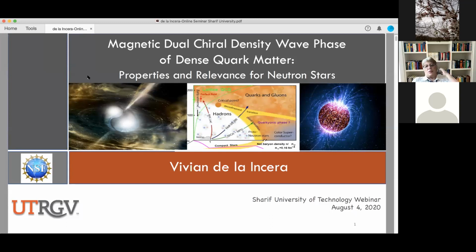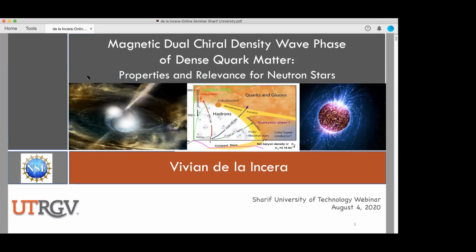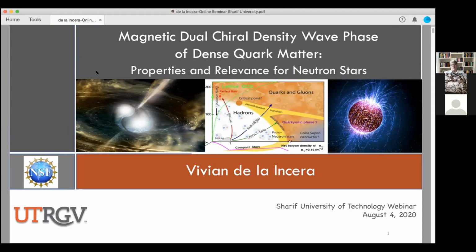Okay. Sure. So if you go to the very high density region, the confinement works, and you can describe the theory with QCD. And we know that the phase that is realized there is a color superconducting phase, as a matter of fact, the color-flavor-locked phase. So that part is also known.